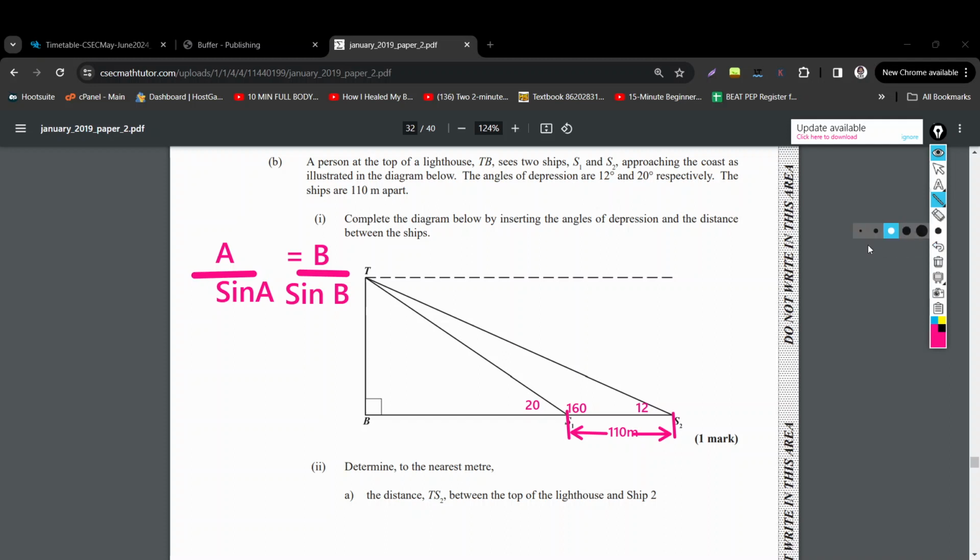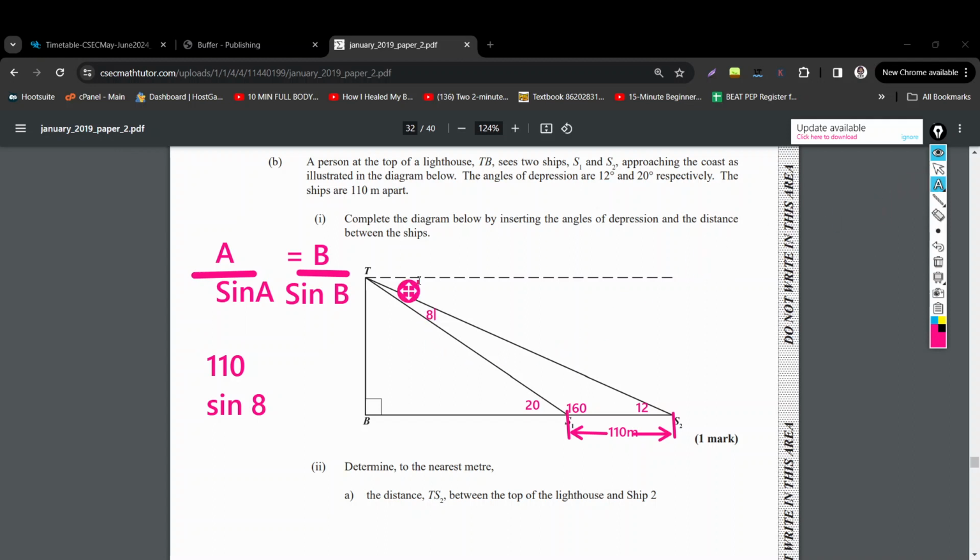Okay, so remember we're using sine, guys, which is pretty much opposite over hypotenuse, right? So we're going to say 110, which is the side for a, and then we're going to say sine A over sine A, which is the angle up here, the small angle up here.